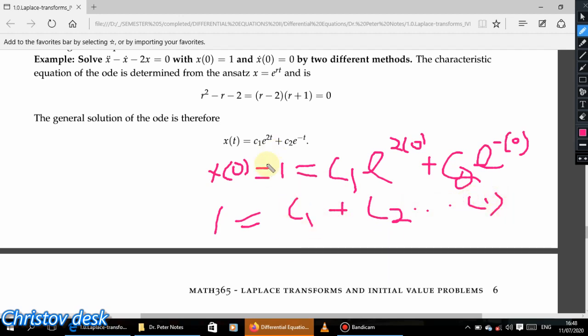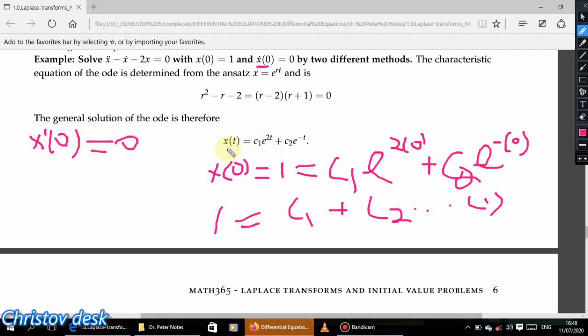Now we'll get our second equation when we use this second condition. It says that x prime of 0, we are saying that that is also equal to 0.